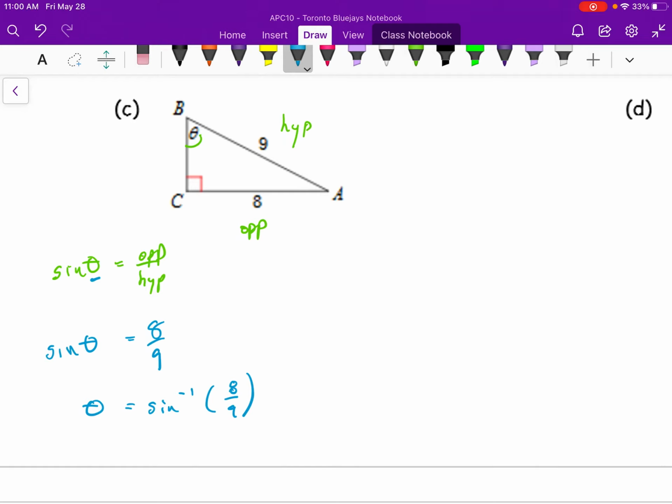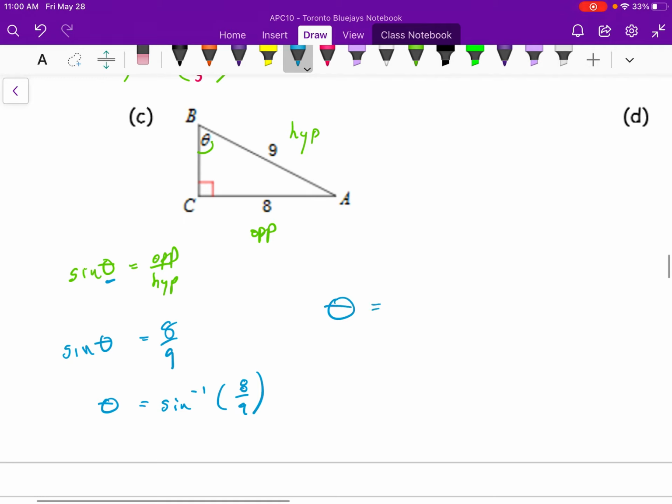On the right-hand side, inverse sine of 8 over 9. And what I get is theta is equal to 62.734 degrees. That's what pops out in my calculator.